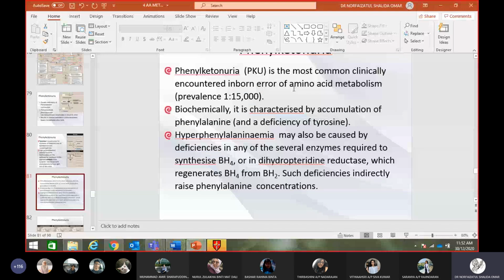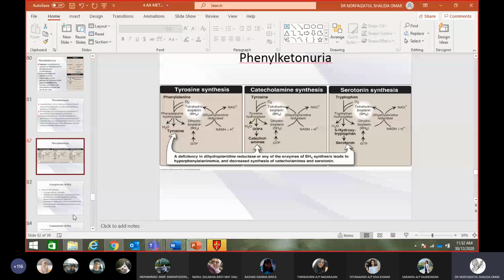So the first one is due to phenylalanine hydroxylase. The second one can be due to deficiency of several enzymes that synthesize BH4, or dihydropteridine reductase. So deficiency in dihydropteridine reductase or any of the enzymes of BH4 synthesis leads to phenylalaninemia, and decreased synthesis of catecholamines and serotonin.